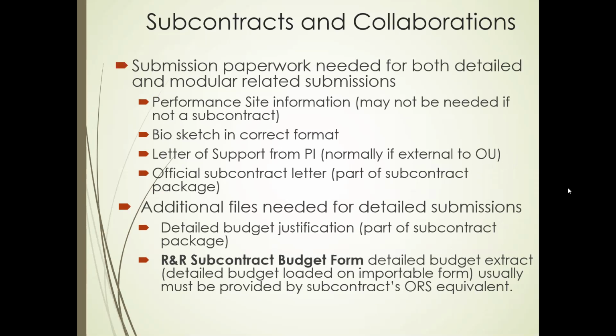You might want a letter of support from them if they're external to OU. And we will still want the official subcontract package from them if they're a subcontract. If it's a detailed submission, you'll have to have a detailed budget justification from the subcontract, and you'll also have to have the R&R subcontract budget form.